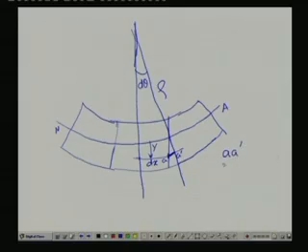The original length was the line, this length, a double prime. So, a double prime was the original length, and this is what we can consider as the strain in the x direction. So, this we can consider as epsilon x.